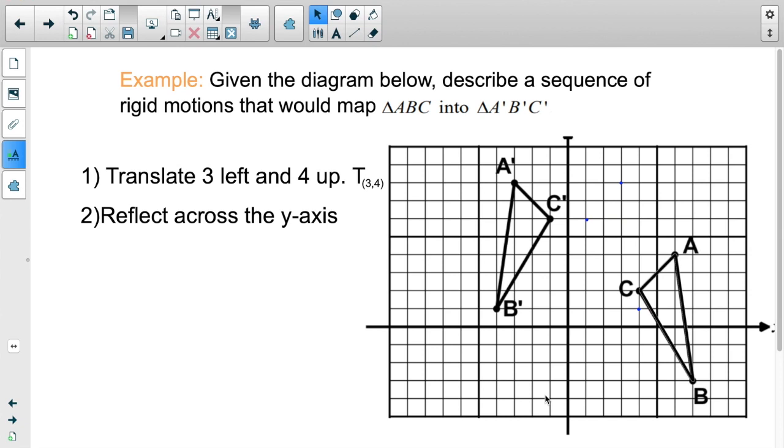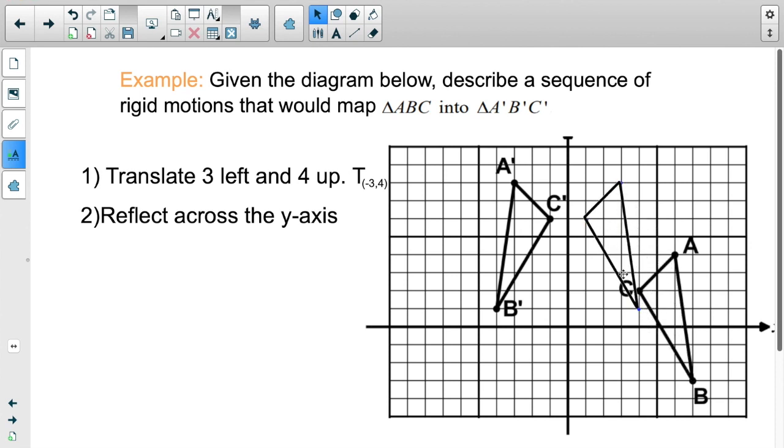In this case, I want to first translate, right? I want to translate 3 units to the left and 4 units up. And so in vector notation, that would be 3 units to the left would show -3, and 4 units up would show +4. Okay, so let's slide this bad boy in that direction.